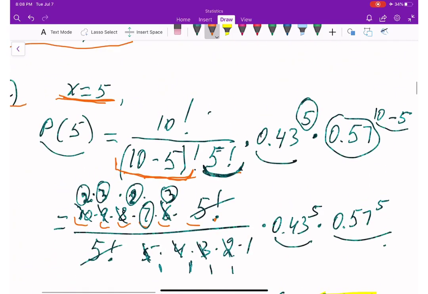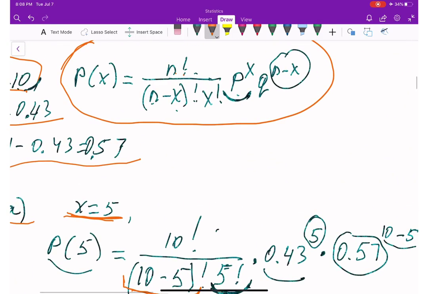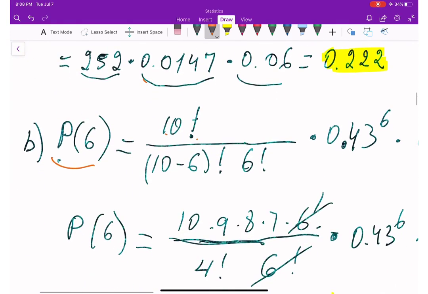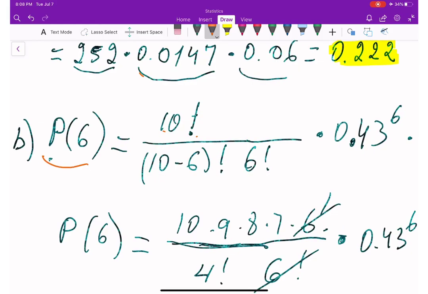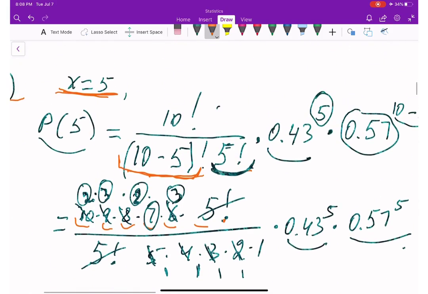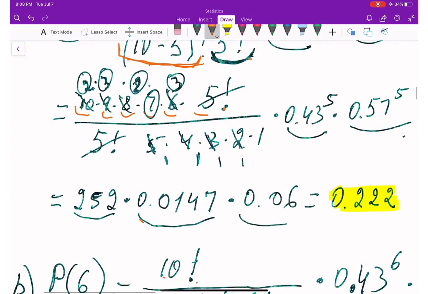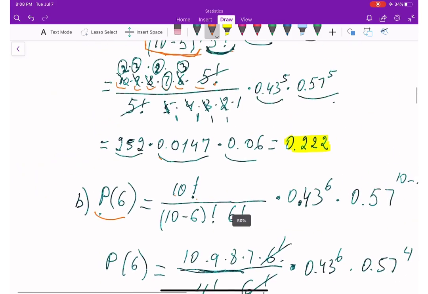Next, n minus x factorial. N is 10, x is 6. 10 minus 6 factorial. And here I'm plugging in x factorial, which is going to be 6 factorial.